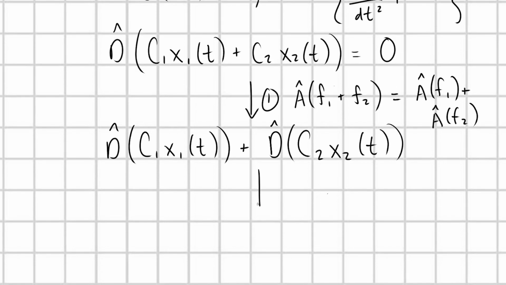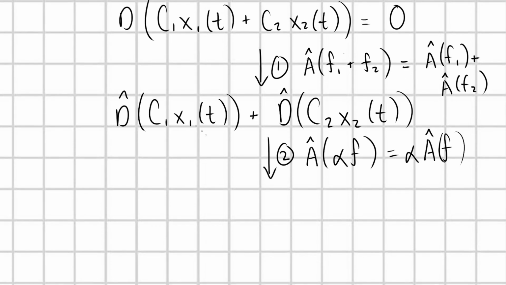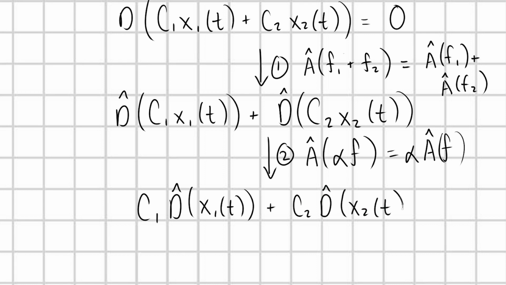And now let's use our second property, that a linear operator a hat acting on some scalar multiplier alpha times some function f is going to give us alpha times a hat acting on f. And this is what lets us pull these arbitrary constants, c1 and c2, outside of our operators: c1 d hat of x1 plus c2 d hat of x2 of t.